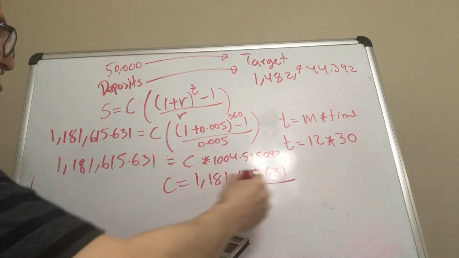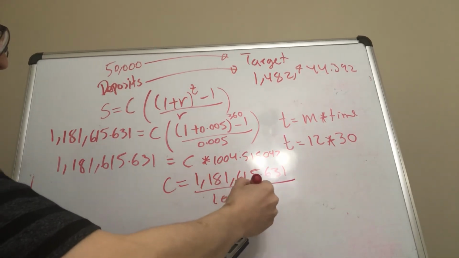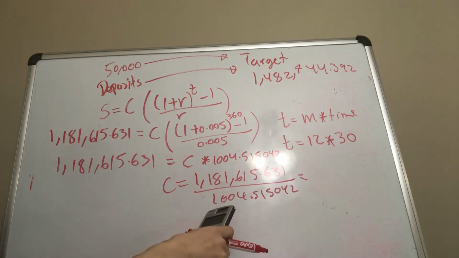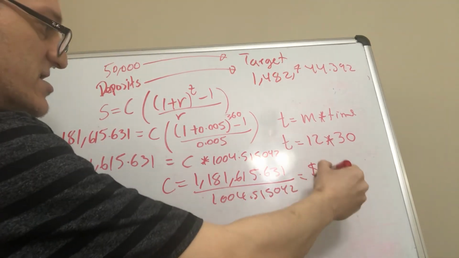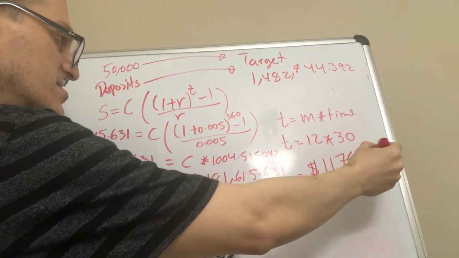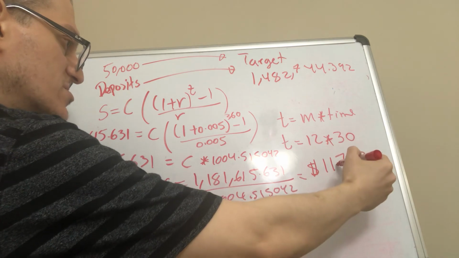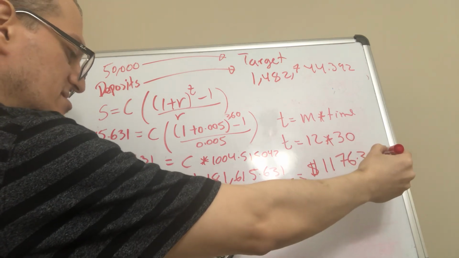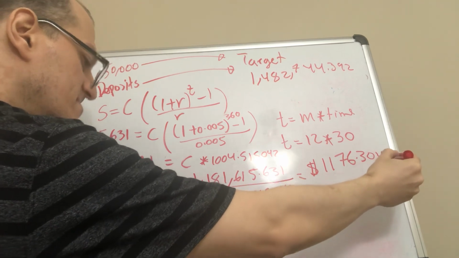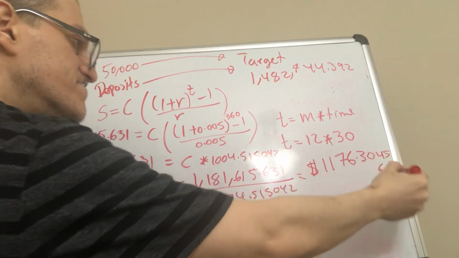is this over 1,004.515042. So 1,181,615.631 over that gives the amount of money that she needs to deposit, which is 1,176.304566.